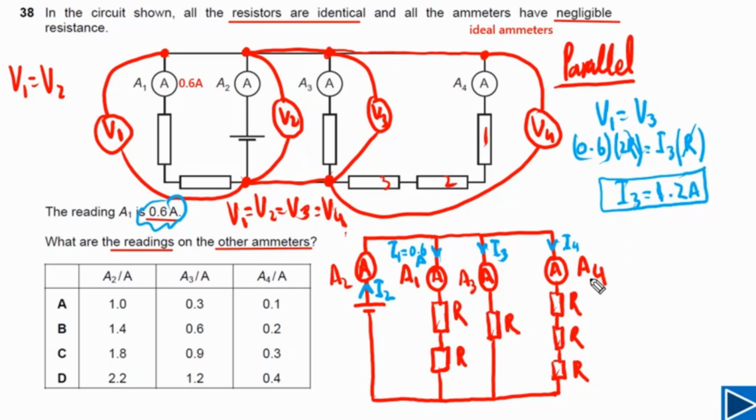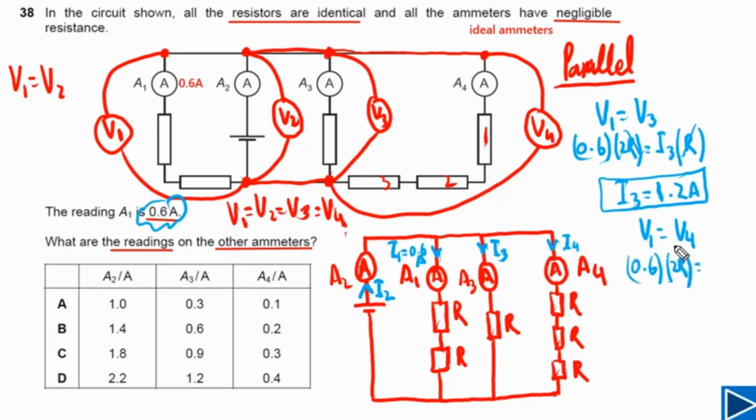Now let's try to find the reading on ammeter 4. Again we will compare with V1. V1 is also equal to V4, so we can write V1 is equal to V4, and V1 is equal to 0.6 times the resistance of this branch, that is 2R.